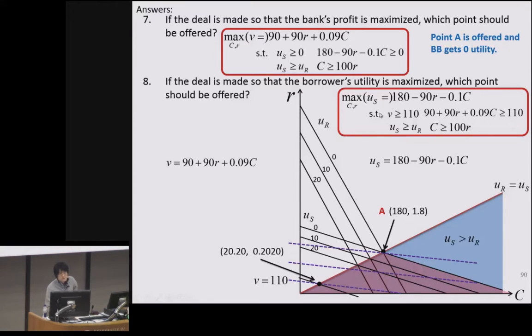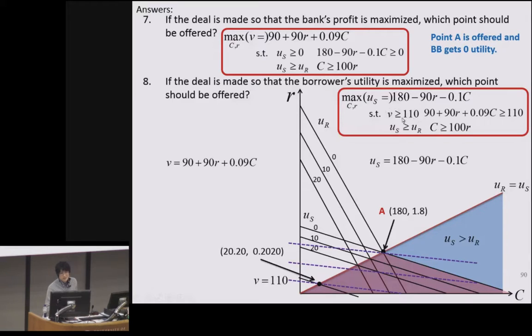We also have a participation constraint for the bank, because you cannot say, oh, when interest rate is 0 and collateral is 0, that's the best for Brown Bakery. You cannot say that because the bank wants at least £110 in expectation.